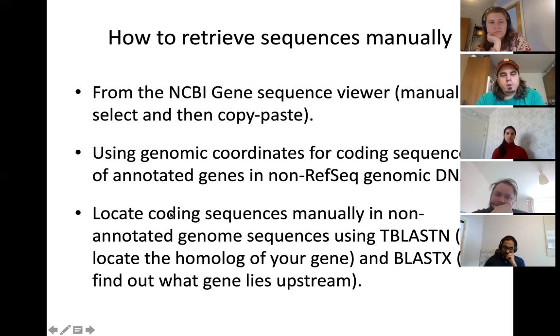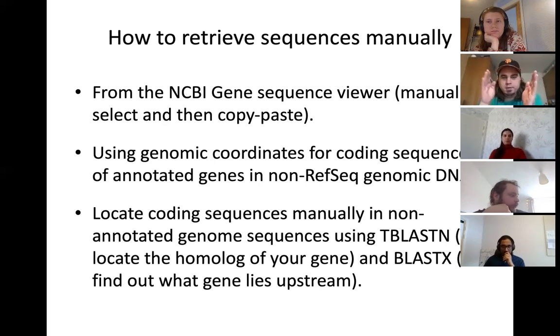The most annoying way, if you don't have annotation information and you've located your gene in a genomic sequence, is to take a chunk of the upstream DNA and do a BLASTX search to see if there's a protein somewhere there. Then using that protein sequence, you can determine where that begins and where your sequence begins, and then extract the DNA sequence in between.